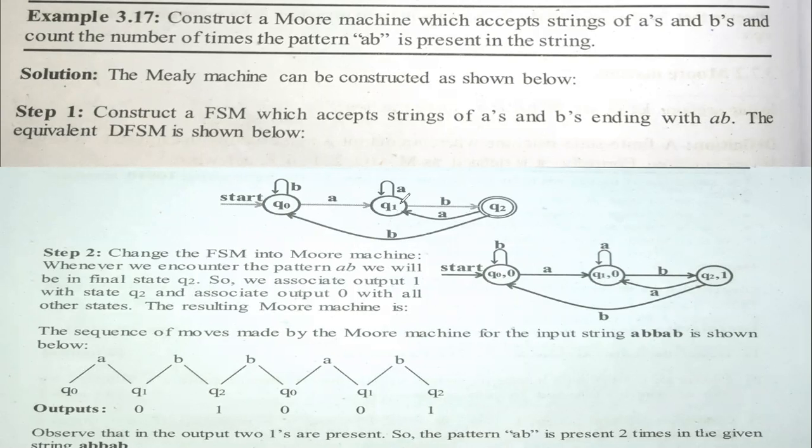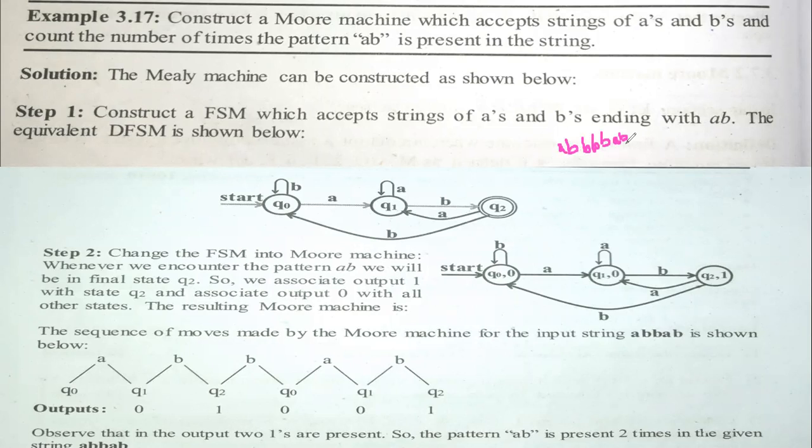Remember, if you have a string like A, B, B, B, B, B, A, B, the approach from the previous problem cannot be followed here. If you deal with the first AB or any AB before the end with particular states, you will not have a clear picture of how many times AB occurs.